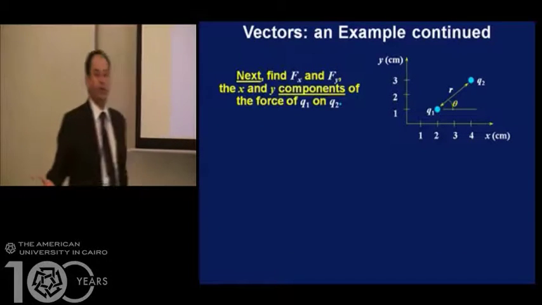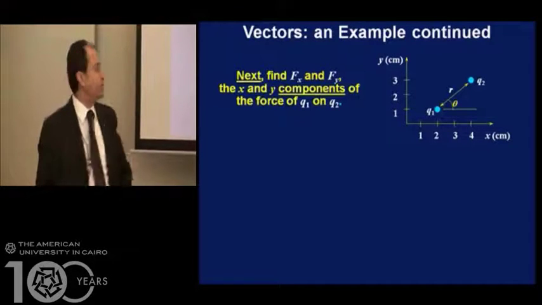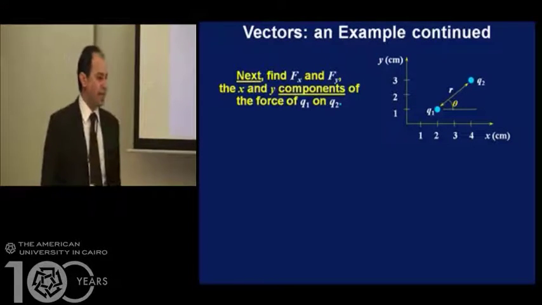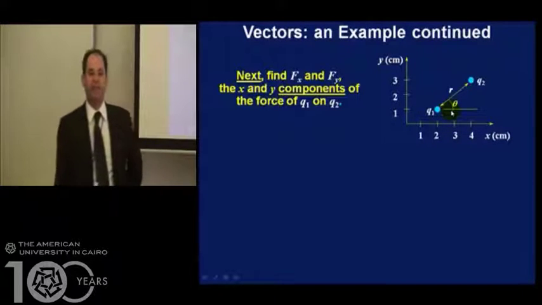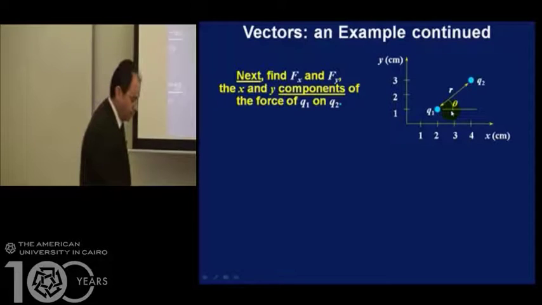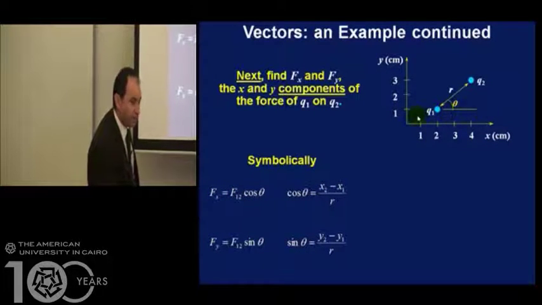So all we have to do to find the direction of the force is to find that angle theta. You see that angle theta. If we can find that angle theta, then we can simply find the direction of that force. The force along the x-axis is going to be F12 cosine theta, and the force along the y-axis is going to be F12 sine theta.